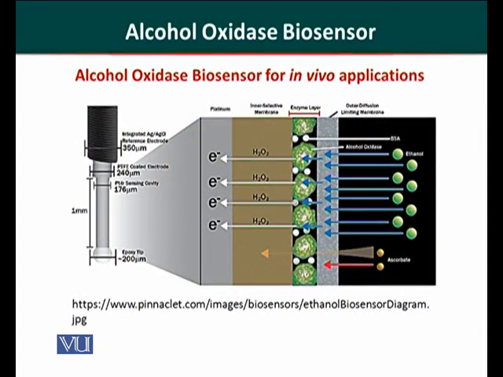In this biosensor, the enzyme alcohol oxidase is used, and to stabilize the enzyme, BSA, bovine serum albumin, is used. You can see it here in green color. This enzyme is capable of breaking down alcohol into its components and producing hydrogen peroxide. This hydrogen peroxide is then determined by the electrodes.